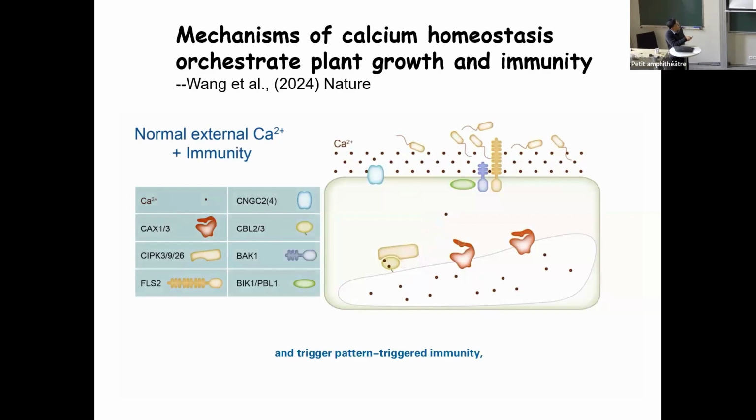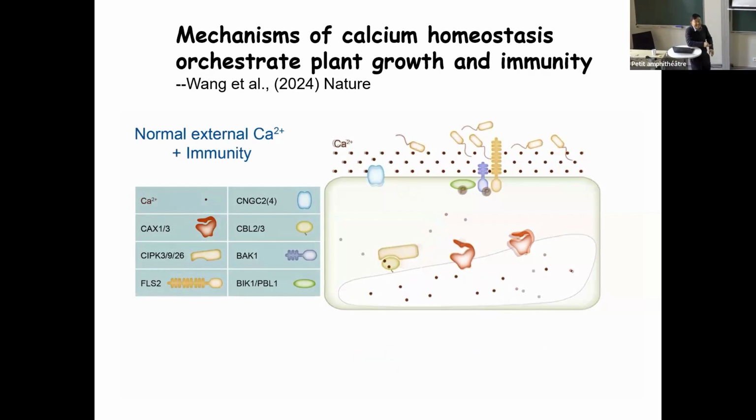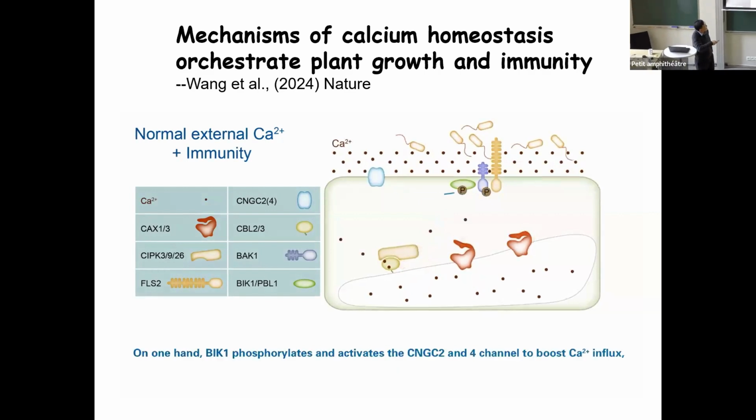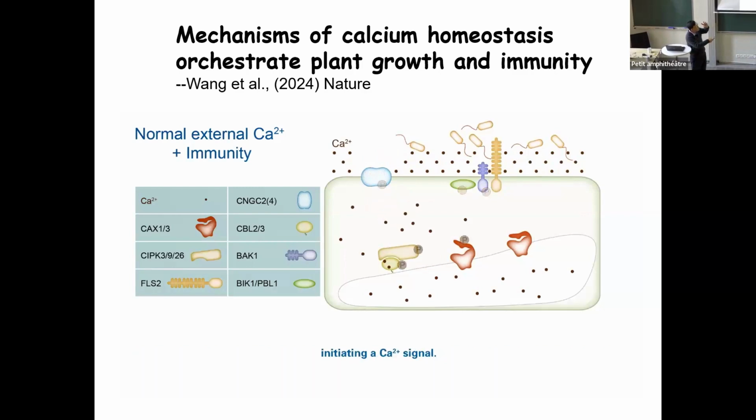In response to the pathogen patterns I showed you earlier, it activates this channel, and then it phosphorylates the channel, lets potassium and calcium in, and sets the signal, but it needs to remove it, right?